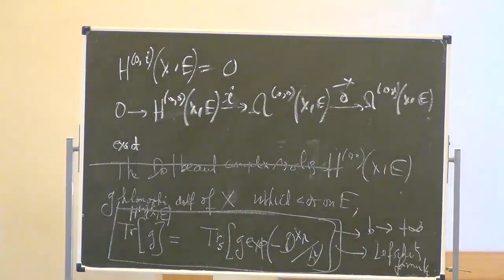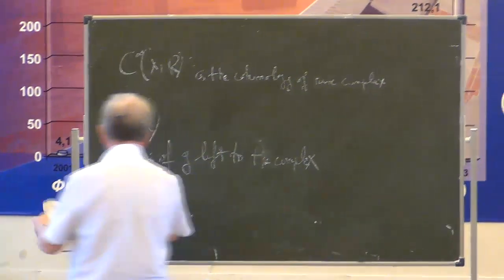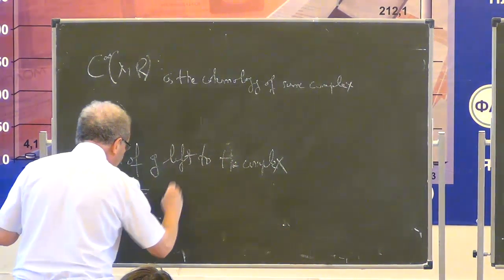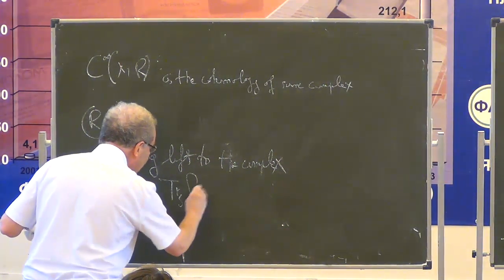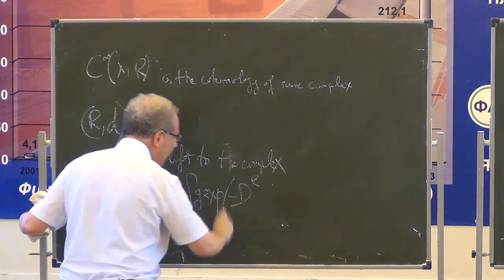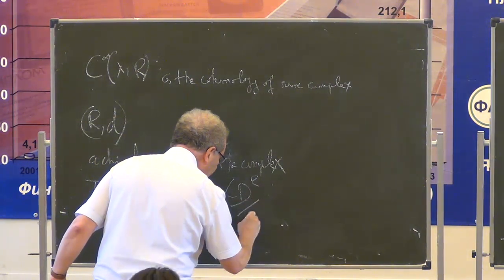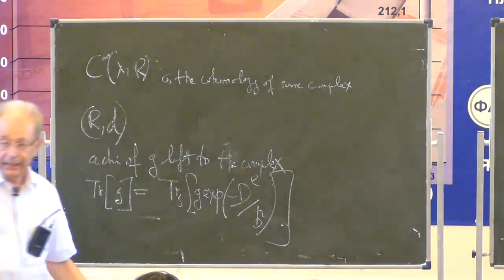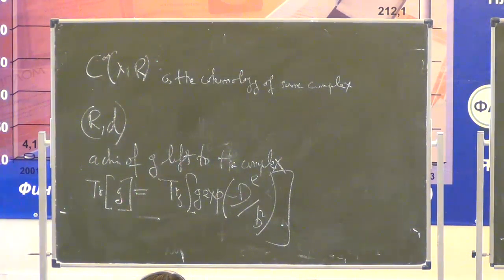So we would hope that G lifts to a morphism of the complex, so that we would re-express the trace of G, the trace of our original heat kernel, as being the supertrace of G exponential minus D square over B square. We would have something like this. So that's a question, in other words.